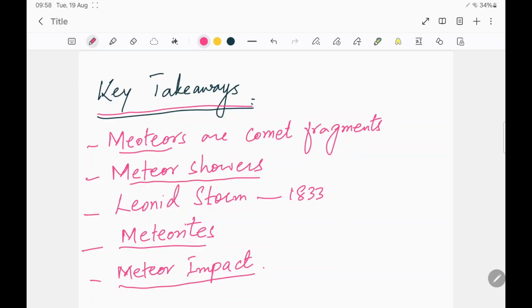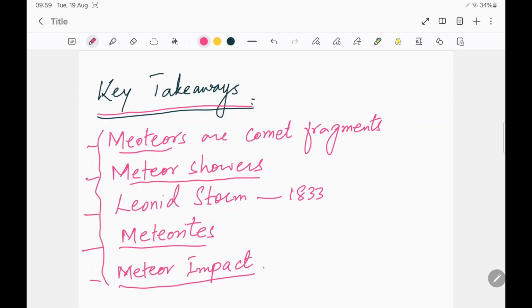So when you are going through this essay, you need to keep in mind that these are the major points, and I believe we have already explained all of these major points in detail through our lecture. So I hope that you will be able to understand this essay. Apparently it looks quite difficult because there are a lot of terms, but you need to understand these terms: what is a comet, what is a meteor, what is a meteorite.